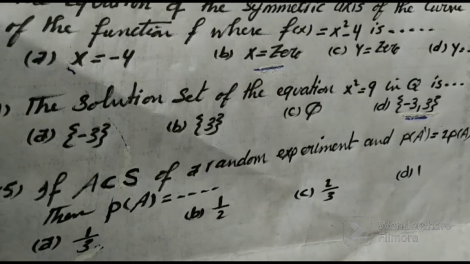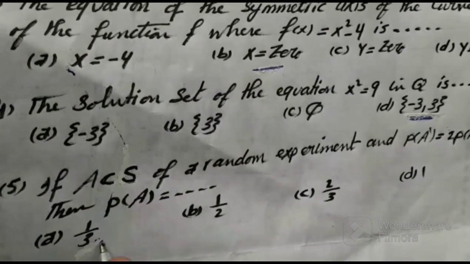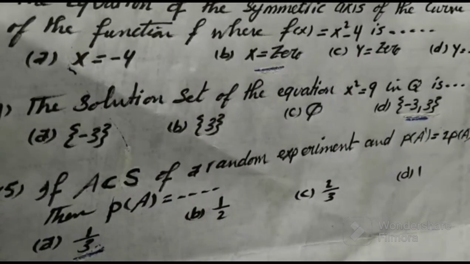Therefore, 3 probability of A equals 1. Therefore, the probability of A equals 1 over 3, and the choice is 1 over 3.